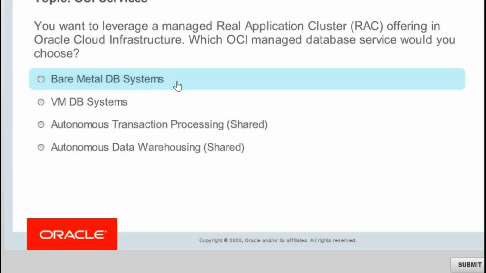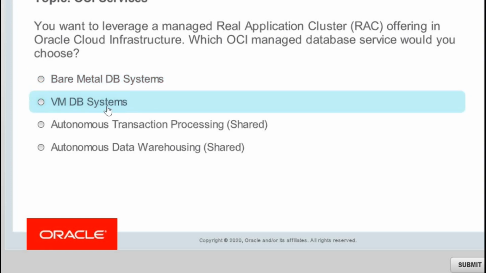Now the next question says you want to leverage or manage a Real Application Cluster offering in Oracle Cloud Infrastructure. Which OCI managed DB service would you choose? So guys, in OCI, RAC, the Real Application Cluster, is available in the VM DB system. So for that question, choose the virtual machine DB system.